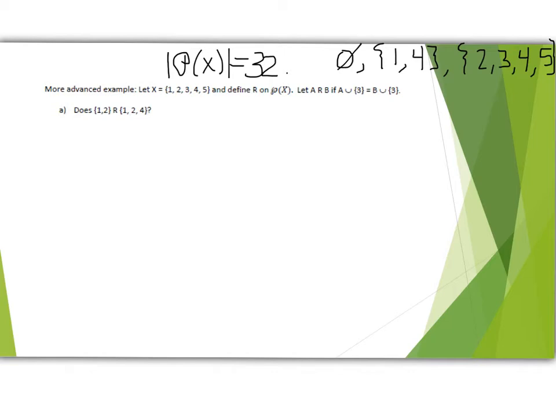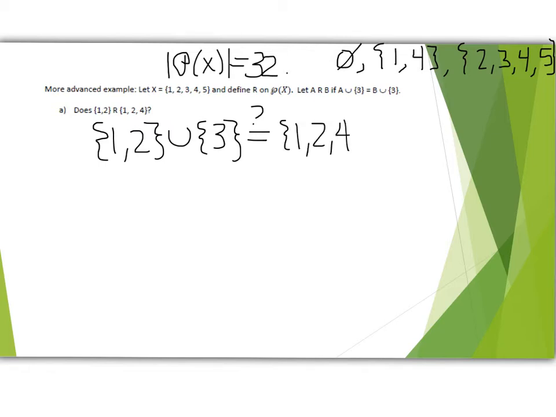Okay, so we're going to take some really small steps to understand this more complicated equivalence relation. First we're just going to ask if two things are related to each other. Does {1, 2} relate to {1, 2, 4}? So what we're asking is, does {1, 2} union {3} equal {1, 2, 4} union {3}?